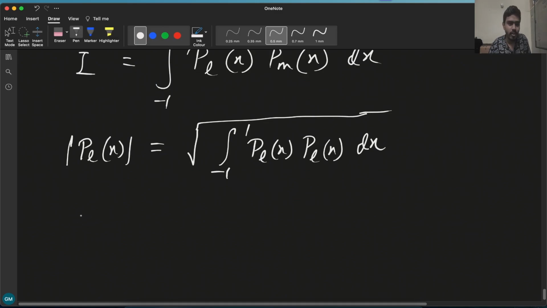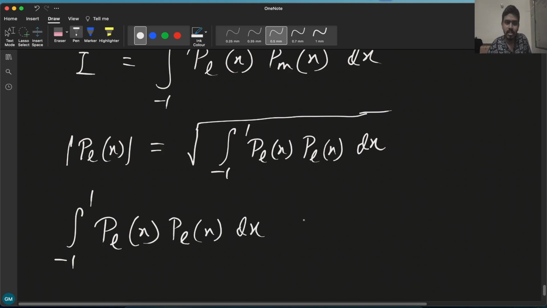If you calculate the integral of P_L(x) squared dx, you will see that it is not equal to 1. That means the dot product with itself for Legendre polynomials is not equal to 1. So P_L(x) for L equals 0, 1, 2, 3, 4 are not normalized.